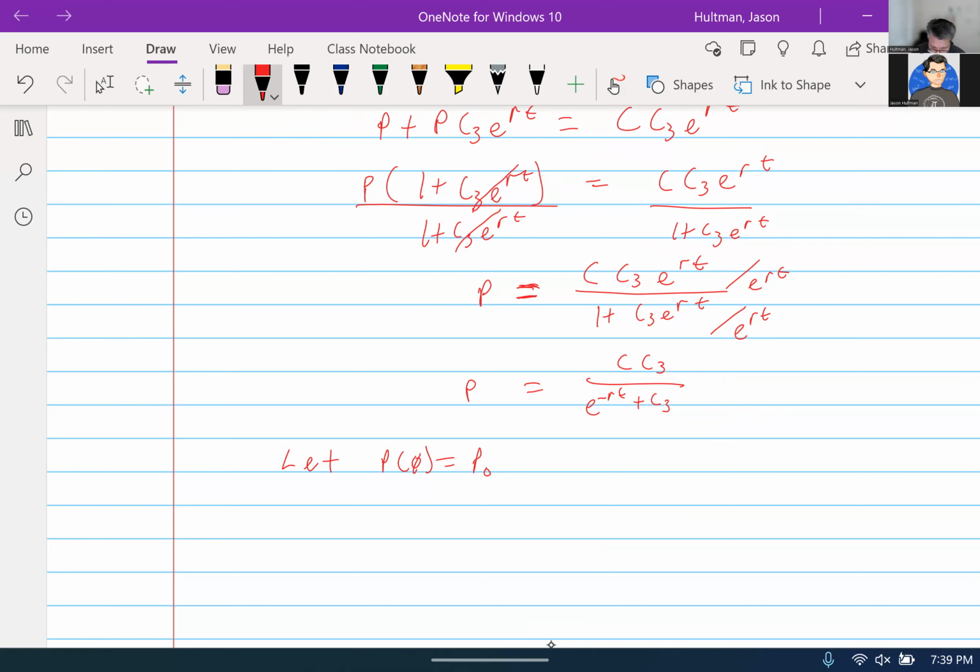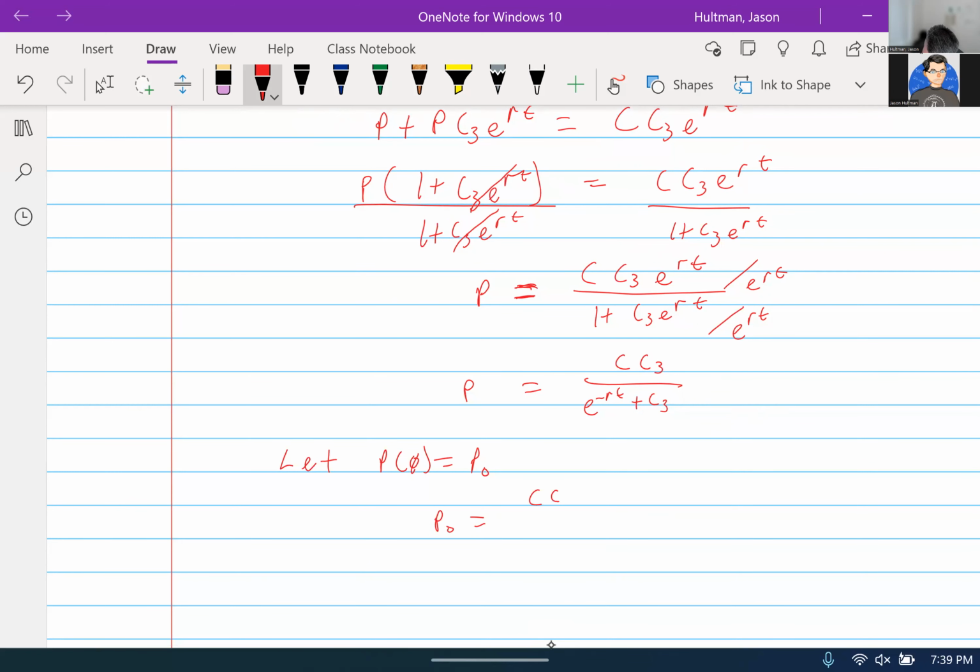If we plug in 0 for T, P naught would equal C C3 over e to the negative R times 0 plus C3, which would be e to the 0, which is 1. So this is C C3 over 1 plus C3. Okay, so that's P naught.